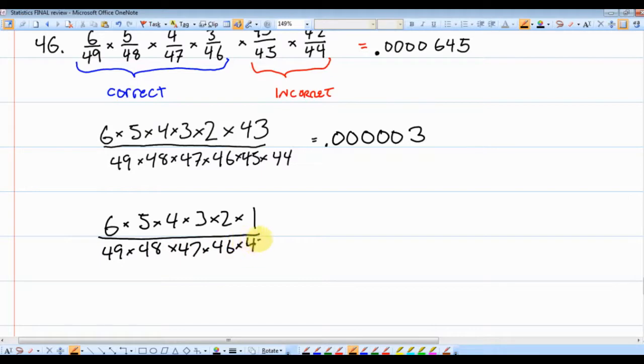For the one that was 5 correct, yeah, that should be 43. Thank you. It doesn't change the answer appreciably, thankfully.